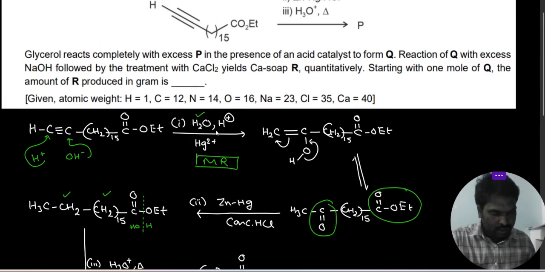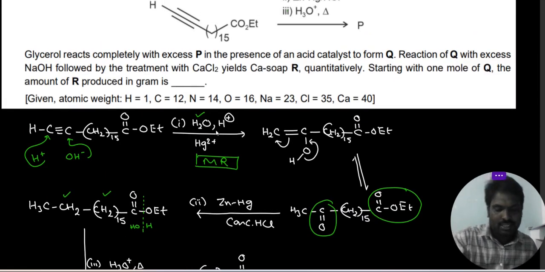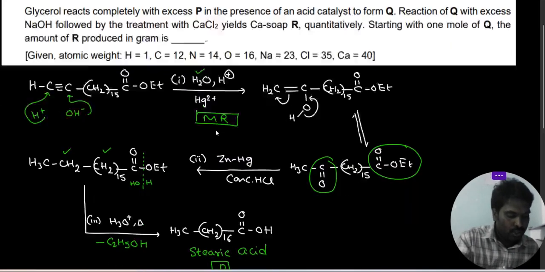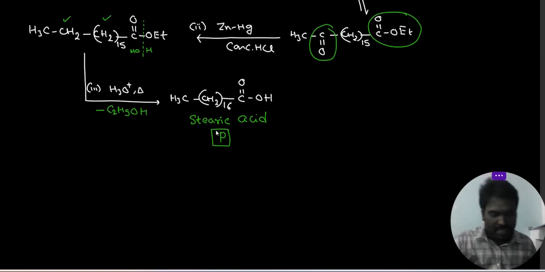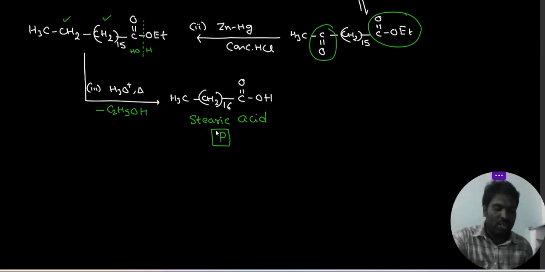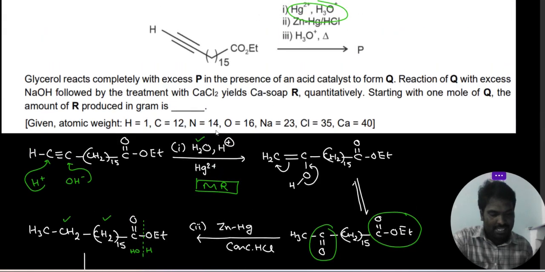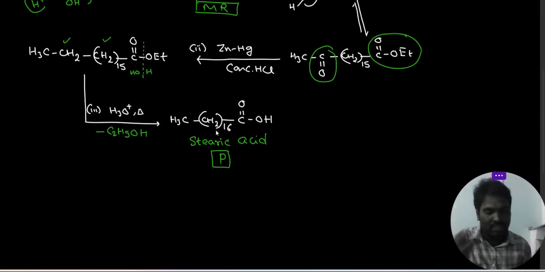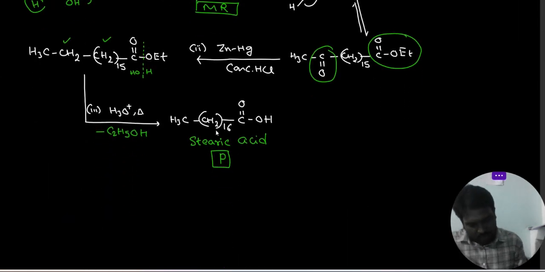Now coming to the question. Glycerol reacts completely with excess P in the presence of an acid catalyst to form Q. So now we can write this stearic acid reacting with glycerol. Glycerol reacting with excess P means 3 moles of stearic acid are needed. So now glycerol: CH2OH, CHOH, CH2OH.